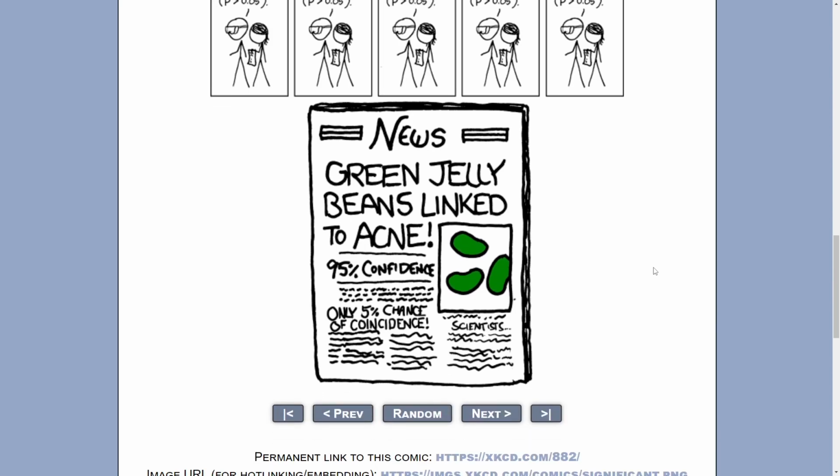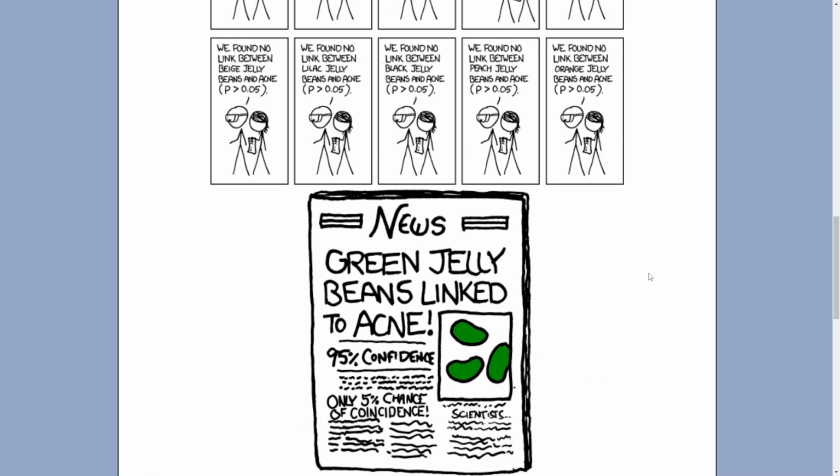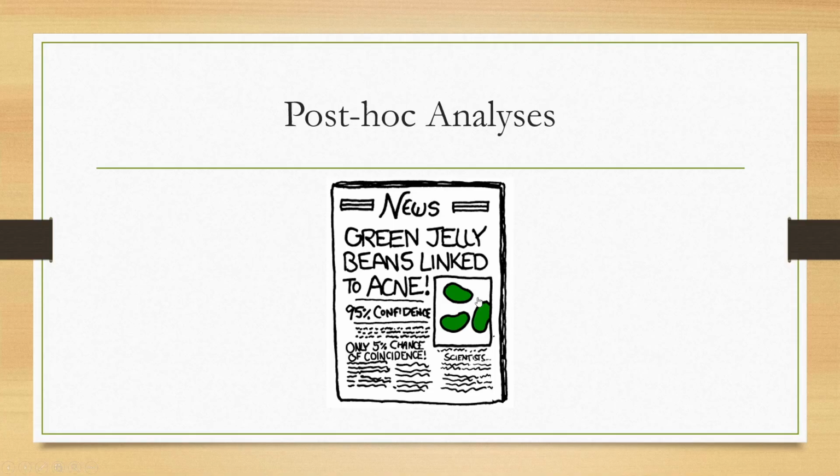And the news is we ran 20 tests, one was significant, so 5% of the tests were significant, and that there's only a 5% chance of coincidence that green jelly beans are linked to acne. All right, so that's our context here for this particular snippet of that comic.